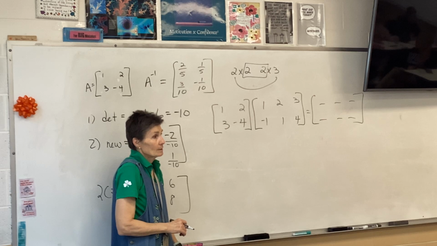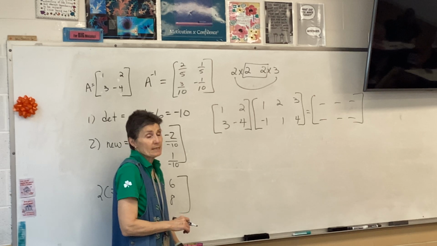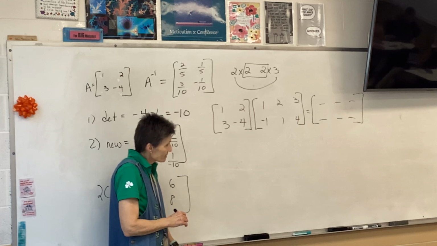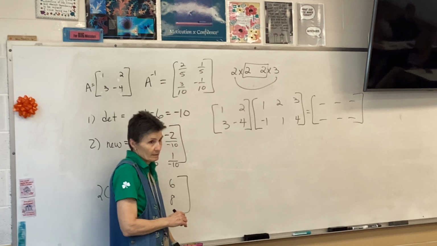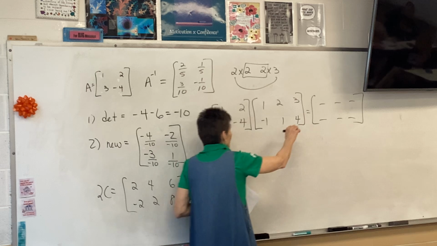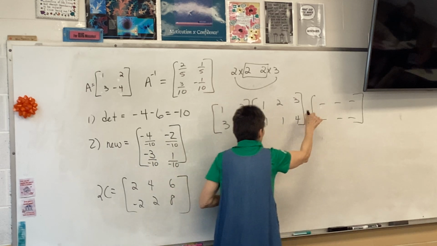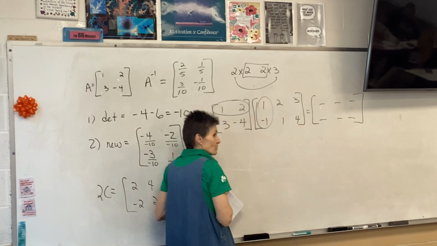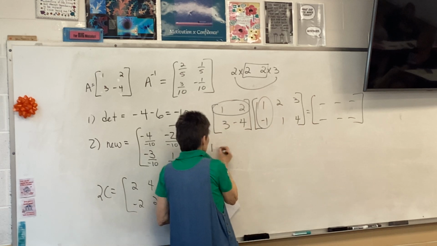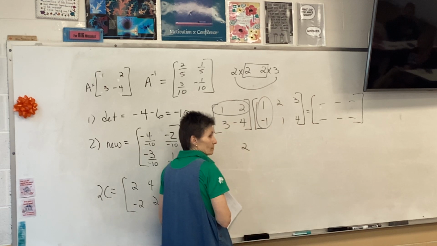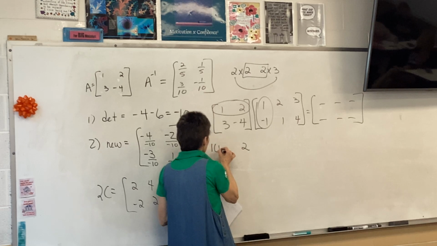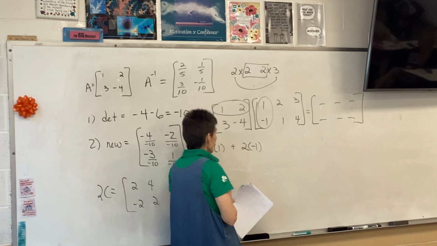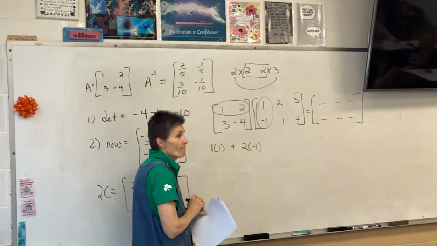Right? Now, you need to write down whatever you need to write down. I would suggest that you write down everything. So, if I want to find that number right there, I am going to multiply first row times first column. So here is my first row. Here is my first column. So what is that first number going to be? -1.